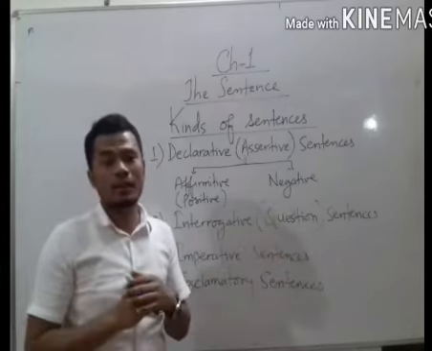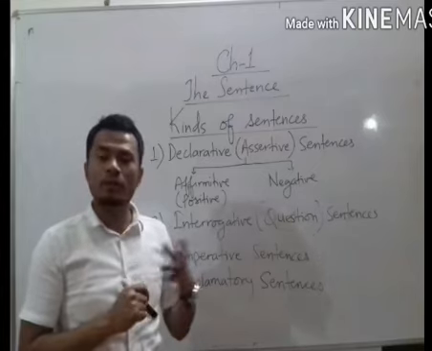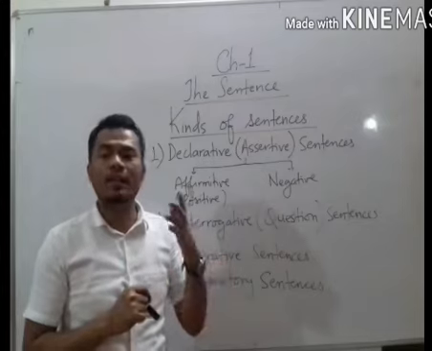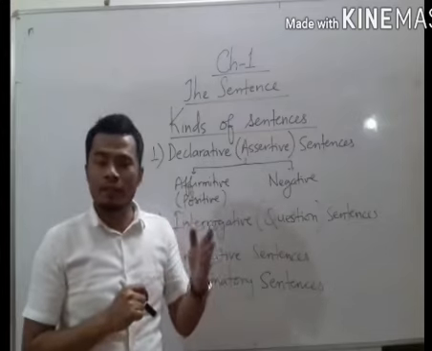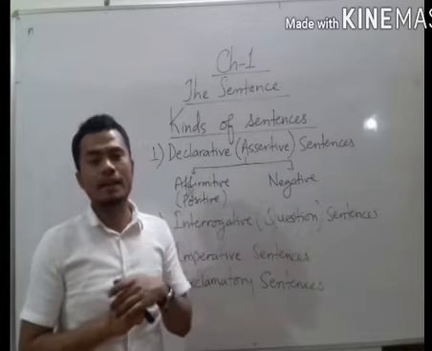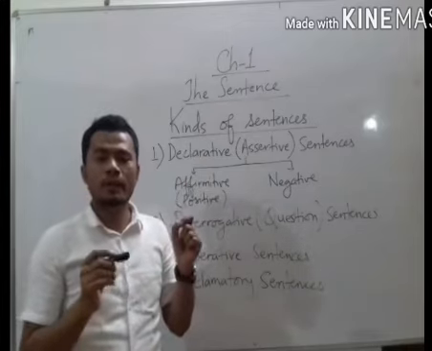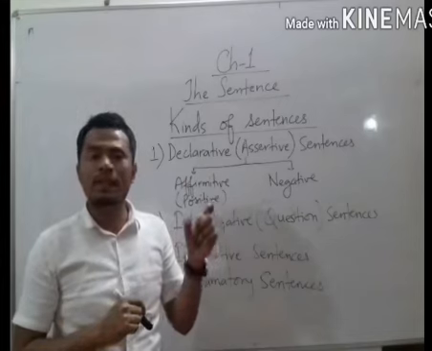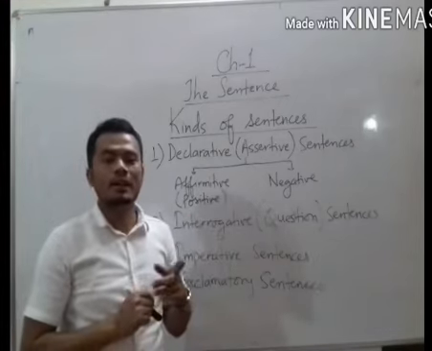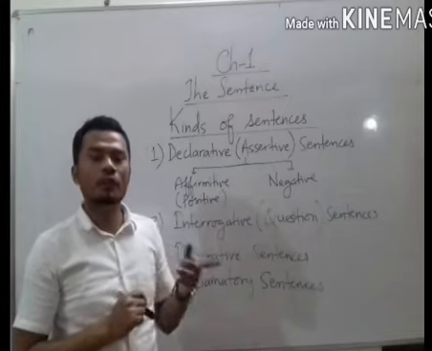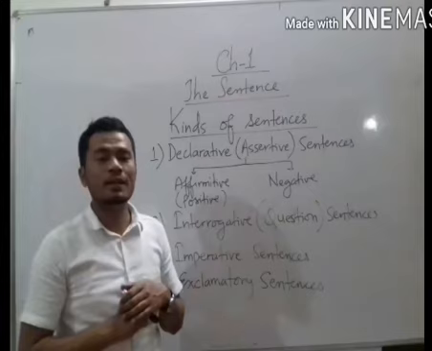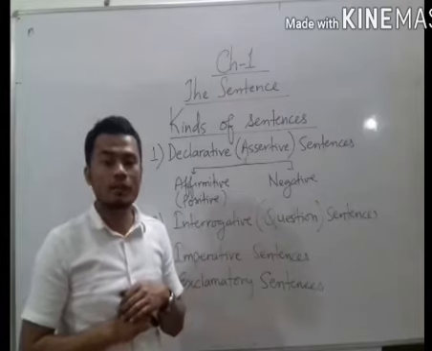Like, hooray, we won the match. Whenever we make an exclamatory sentence by using an interjection, after the interjection we have to use an exclamation mark, and after that we have to complete the sentence with a common statement. Another example is, alas, the dog is dead.